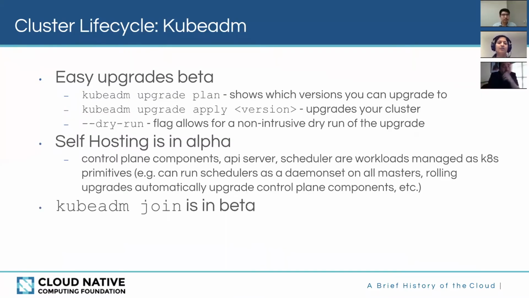Great. Another feature that I'd like to talk about a little bit is Kubeadm. Kubeadm is a tool that was introduced last year to simplify installation of Kubernetes clusters. It is certainly not the only tool for installing Kubernetes clusters. In fact, there are many, many tools for doing so. However, Kubeadm does aim to provide a set of primitives that can be used by other tools.